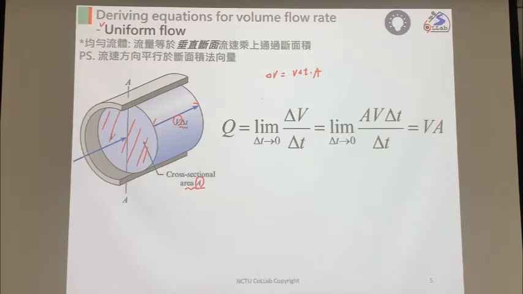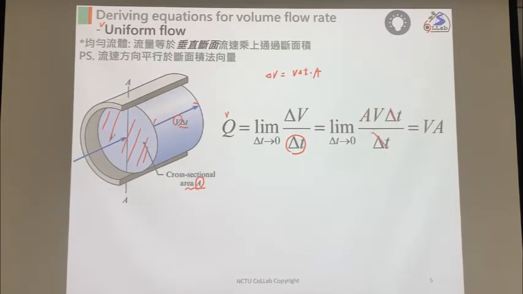As we mentioned, the discharge Q is defined by the volume change divided by the time interval. If you divide the volume by the time interval, the delta T cancels out.